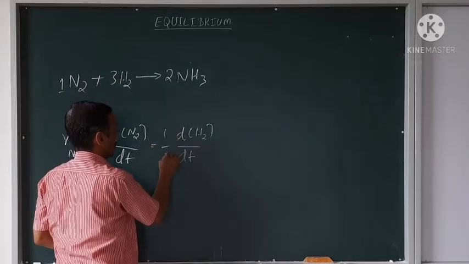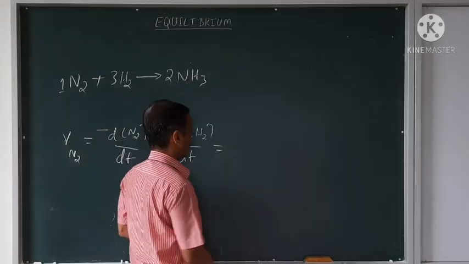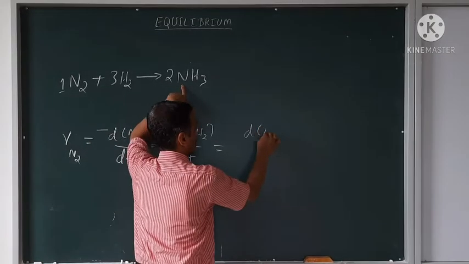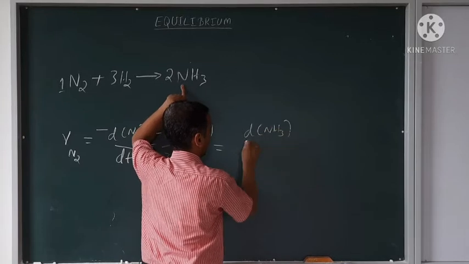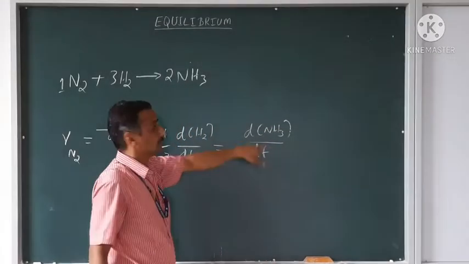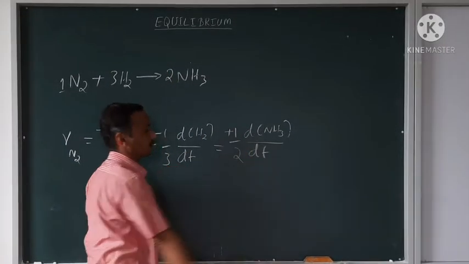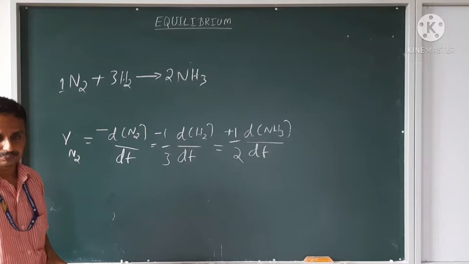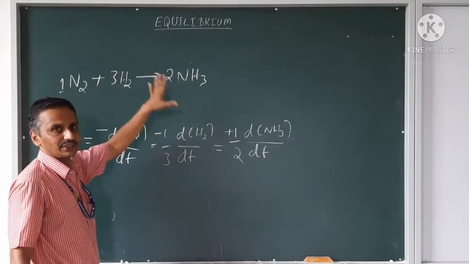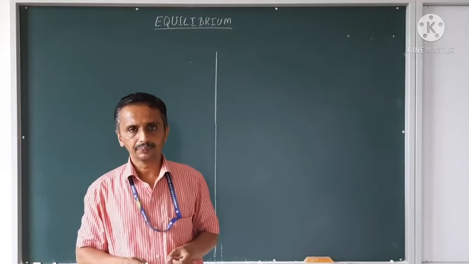So 1 by 3, again the reactant, so minus sign, which is equal to d of NH3 by dt, ammonia concentration by dt. But there are 2 moles, so 1 by 2 you write, and it is a positive sign because of product. So this is how to write the rate for this. Practice it for different examples. Write down the problem.